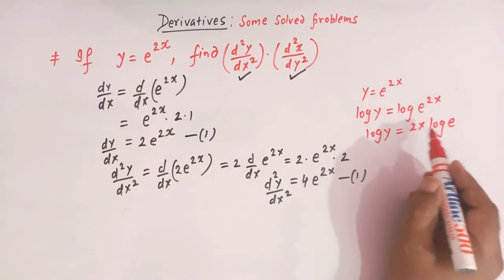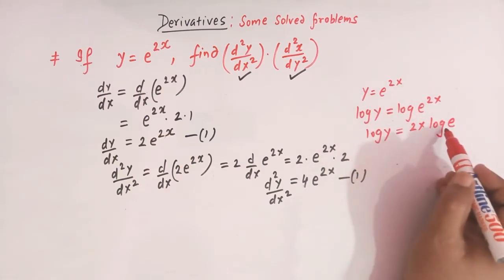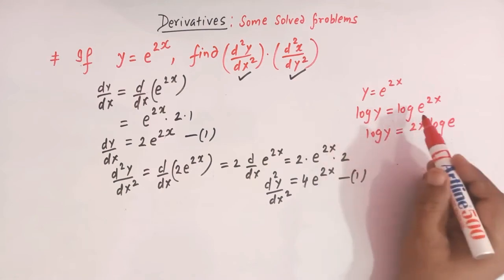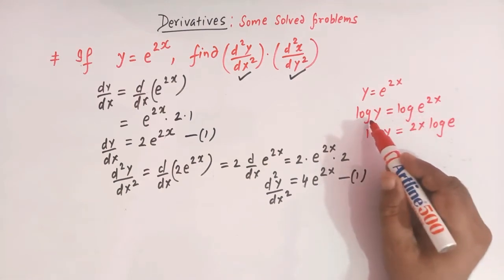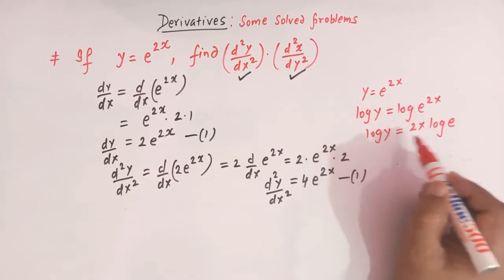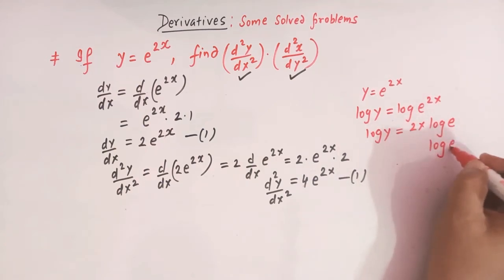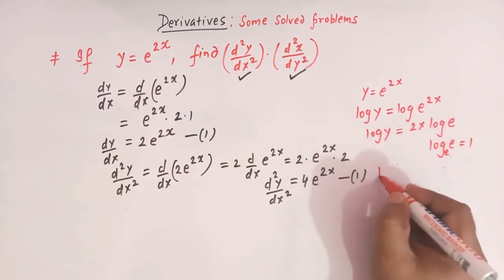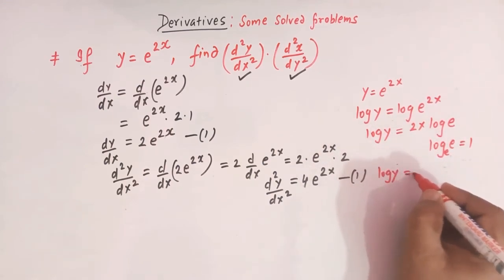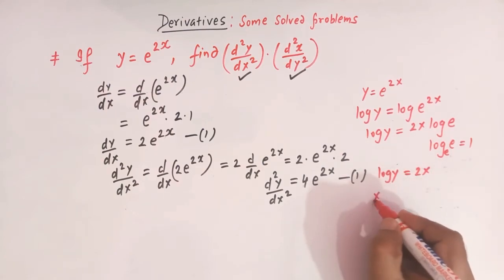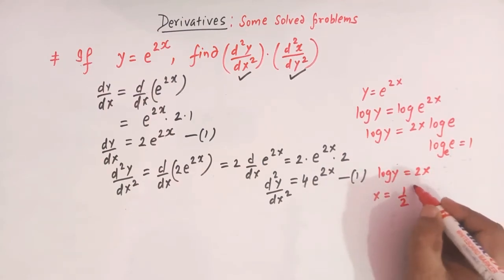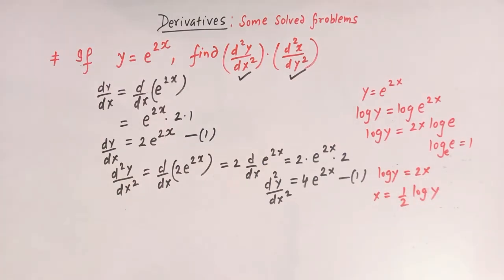Here we must keep one thing in mind, that the base is the exponential number, that is e, and log e is equal to 1. So we have log of y is equal to 2x, and x is equal to half log of y, right?